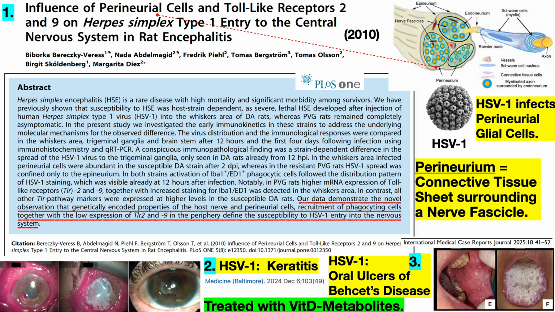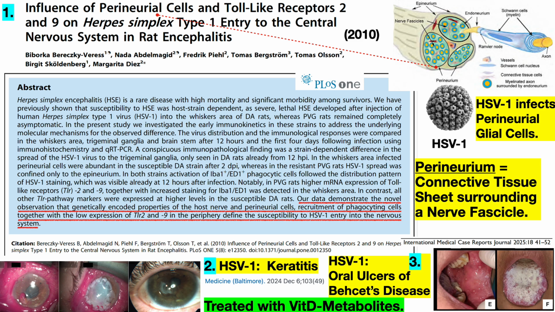Herpes simplex encephalitis, HSE, is a rare disease with high mortality and significant morbidity among survivors. We have previously shown that susceptibility to herpes simplex encephalitis was host strain dependent, as severe lethal herpes simplex encephalitis developed after injection of human herpes simplex type 1 virus, HSV1, into the whisker area of DA rats.